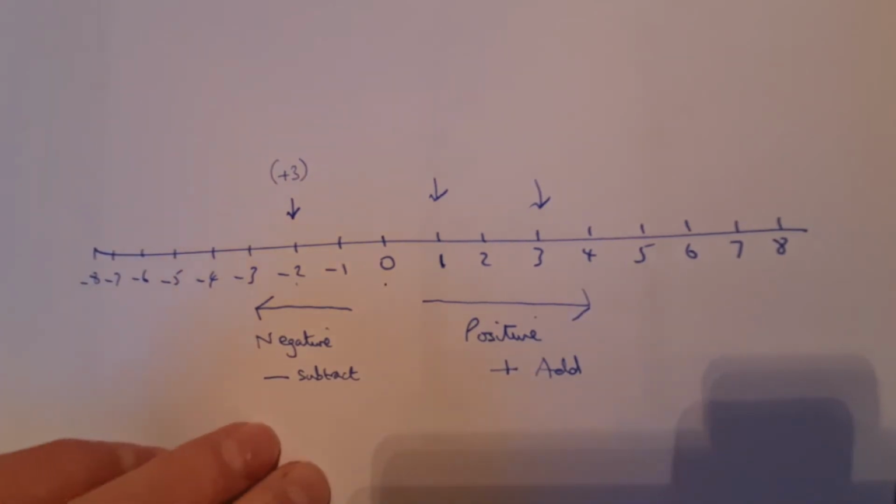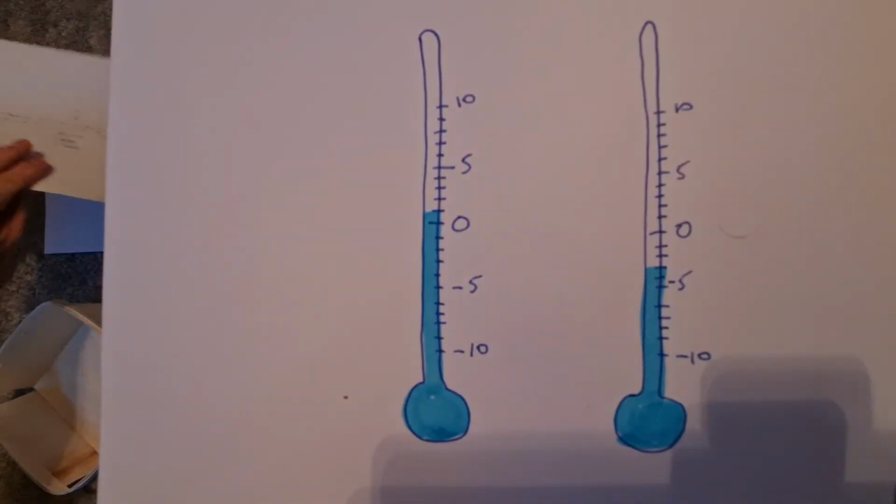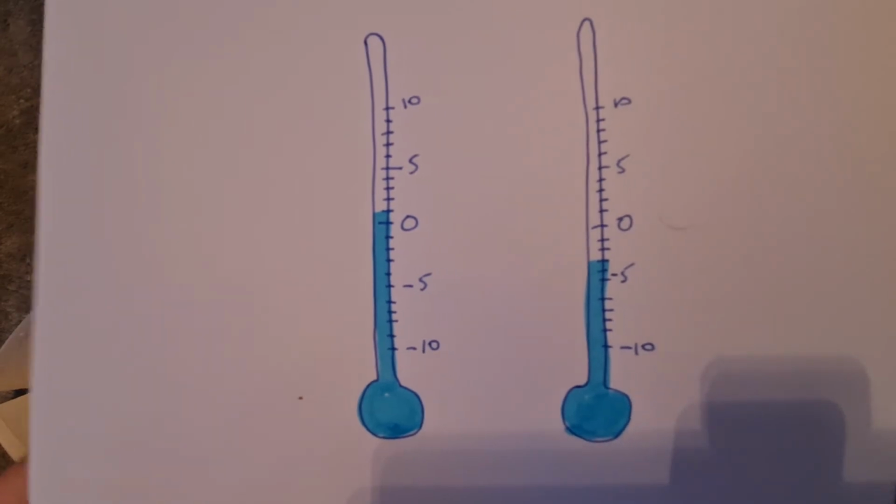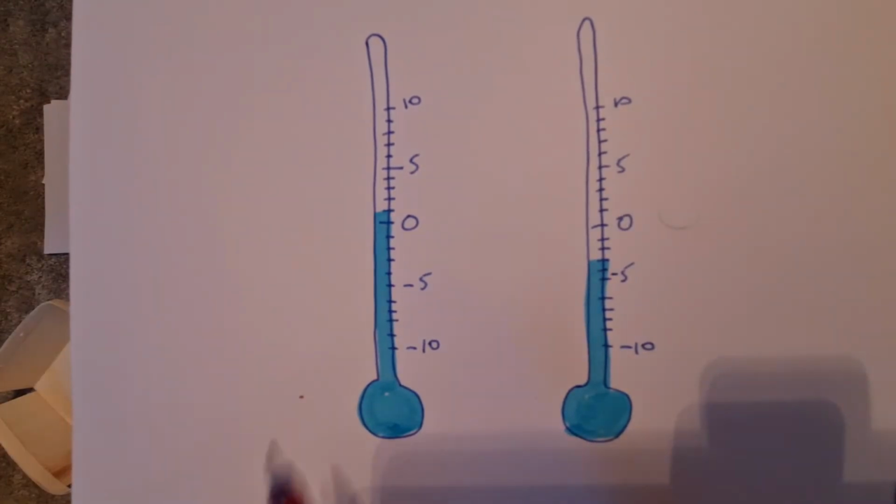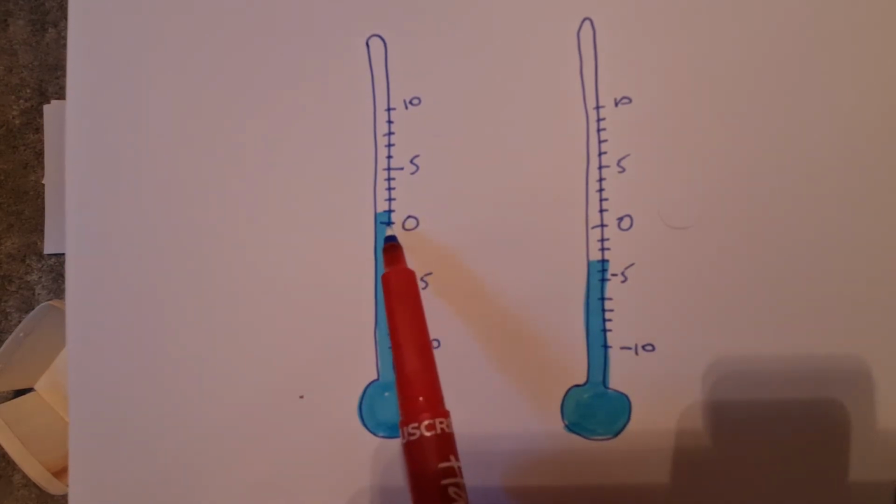Let's have a look at those thermometers. So on my scale here, I've got 0 degrees, and recently it's been very cold and our temperature has dropped below 0. Everything starts to freeze at 0, and then we get minus temperature. Okay, so we've got our degrees here.